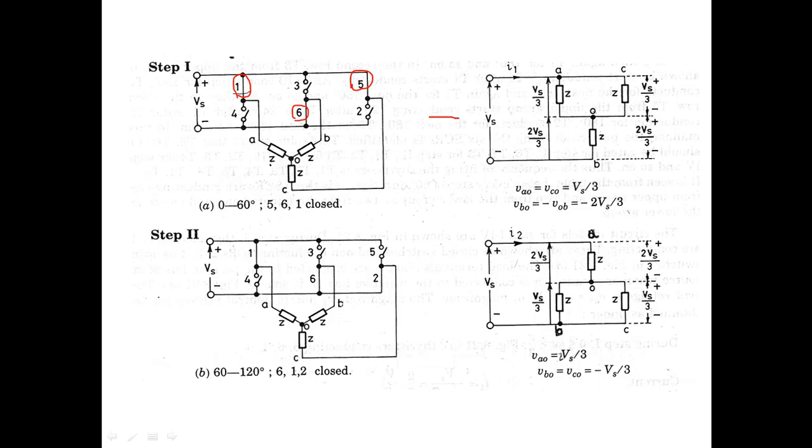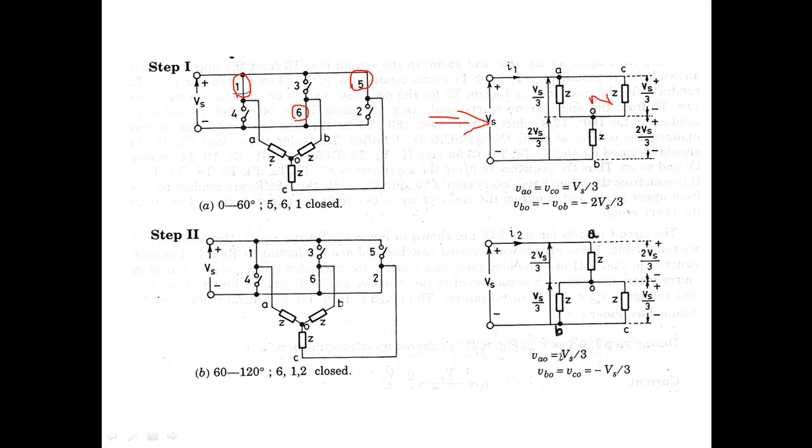So this will be your equivalent circuit. From the equivalent circuit, A and C phase are connected to positive and B phase is connected to negative, and each phase will have a load impedance of Z. O is nothing but your neutral point.